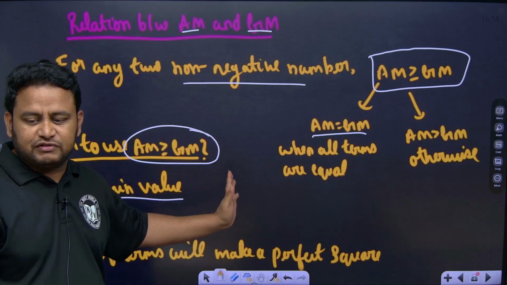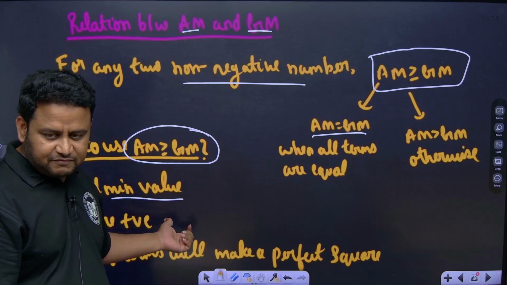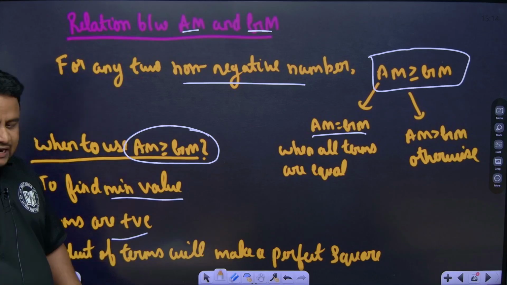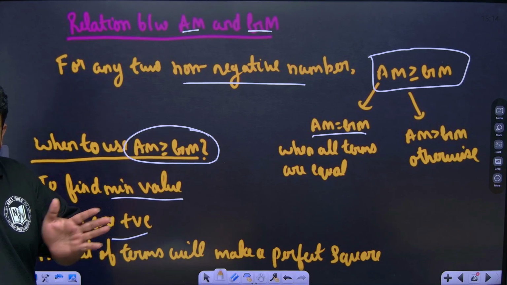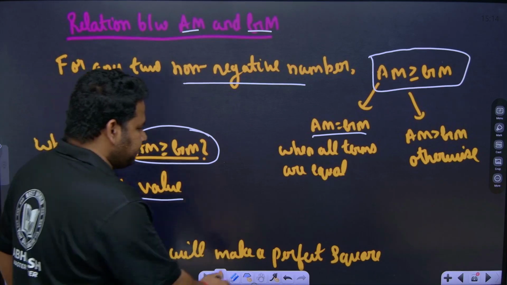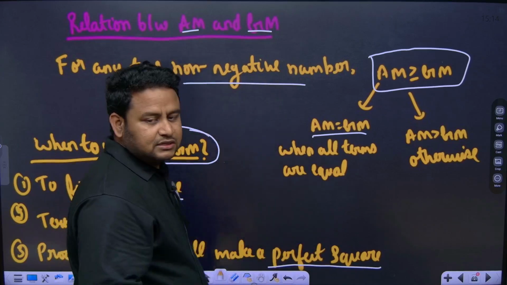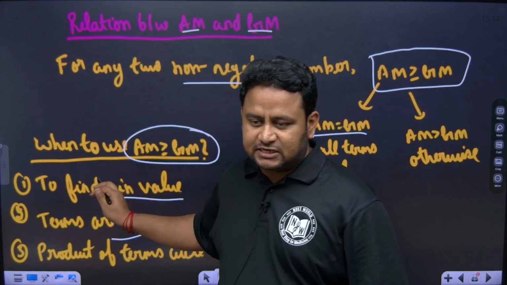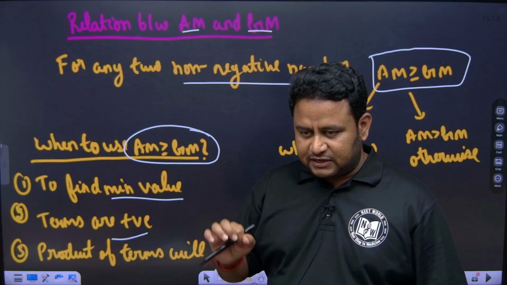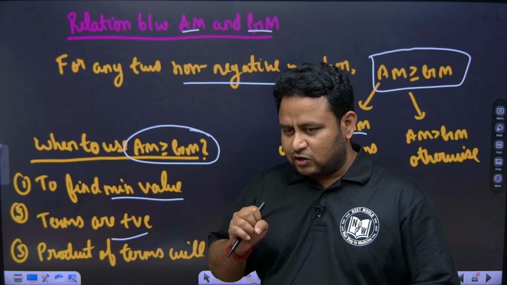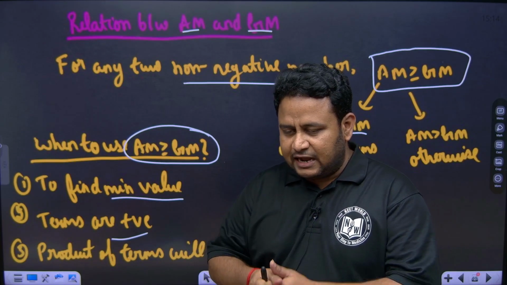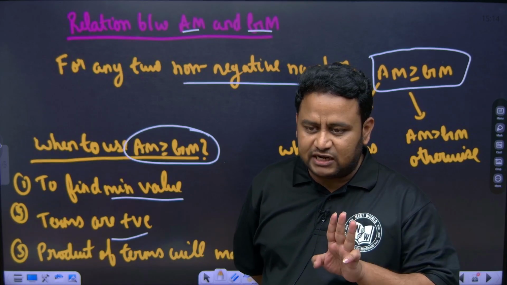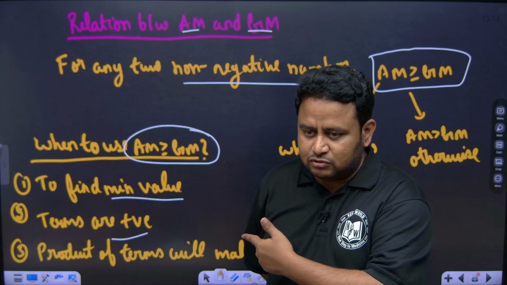Also, when the product of the terms gives a perfect square, you can use it. So when terms are positive, when the product of the terms gives a perfect square, and when you have to find the minimum value, these are the three utilities of arithmetic mean is greater than or equal to geometric mean.